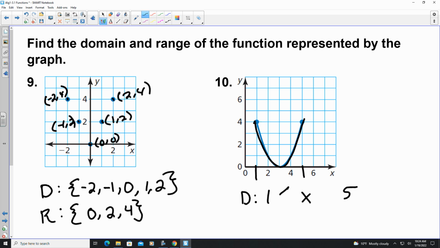So it's, again, my and statement where it's between 1 and 5. My range is going to fall between here and here. The smallest number is 0, and my largest number for y would be 4. So it's going to fall between 0 and 4.